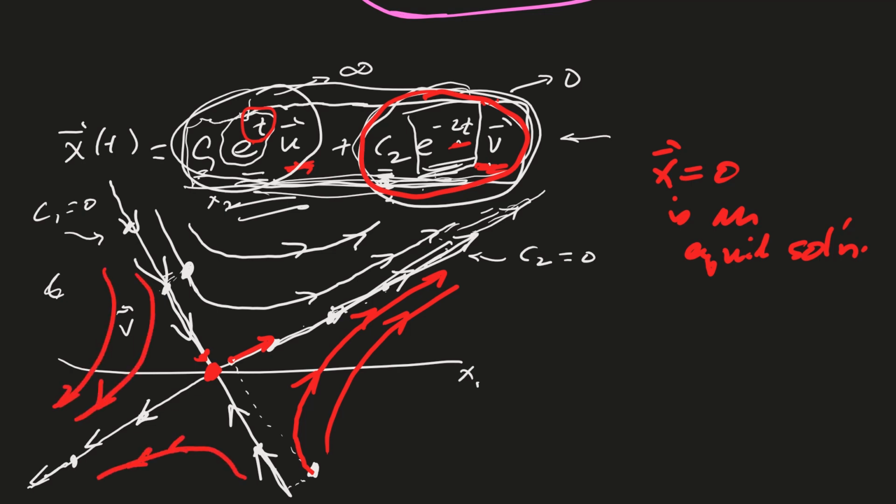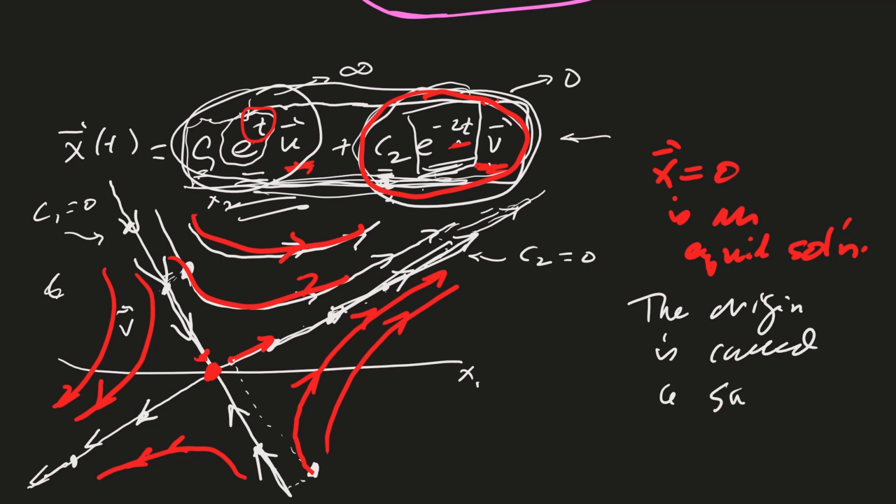Okay. And so one question that you might have, by the way, the origin is called a saddle point in this case, a saddle. What I'm doing here is classifying the origin, classifying the equilibrium.